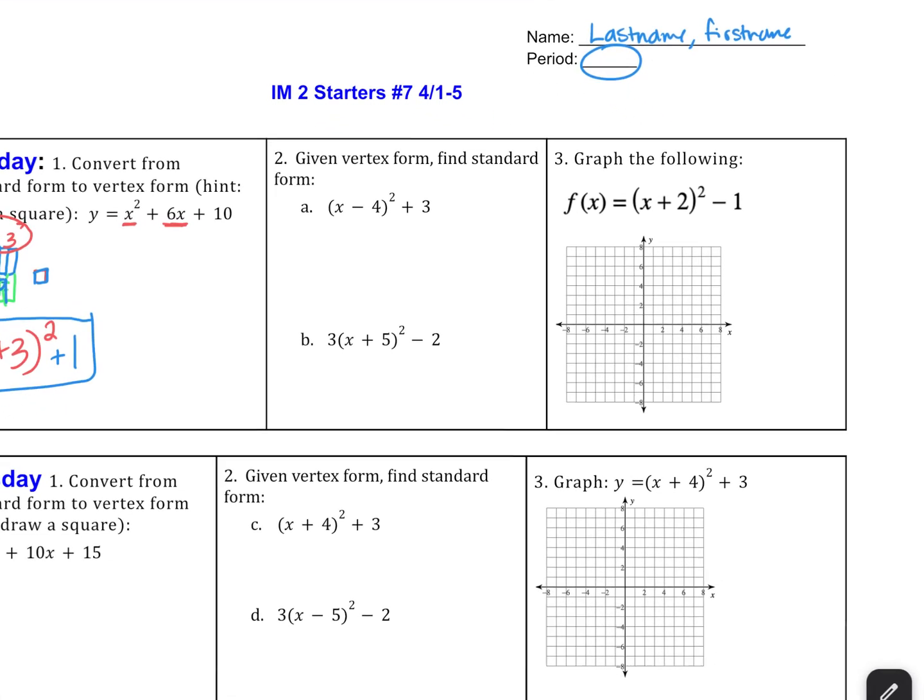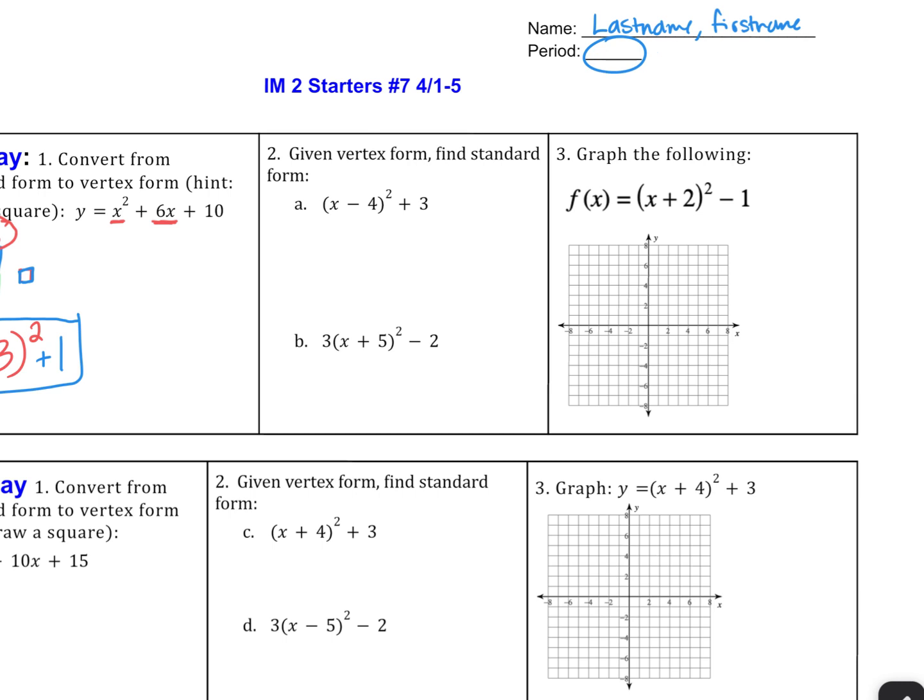All right, so number 2, again, Monday number 2 is similar to Tuesday, Wednesday, Thursday, Friday, number 2. It says, given the vertex form, find the standard form. Okay. So for this one, you have to know how to multiply binomials or polynomials. What I'm talking about is this right here.